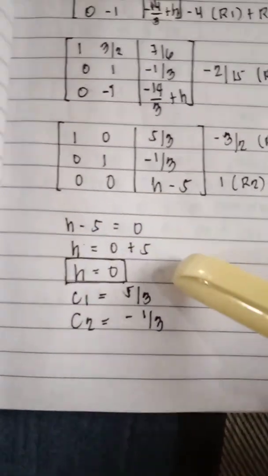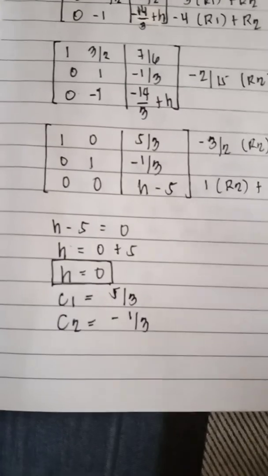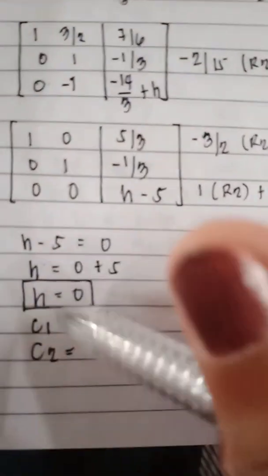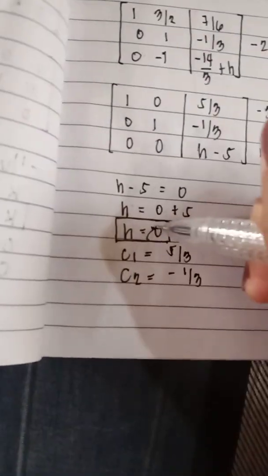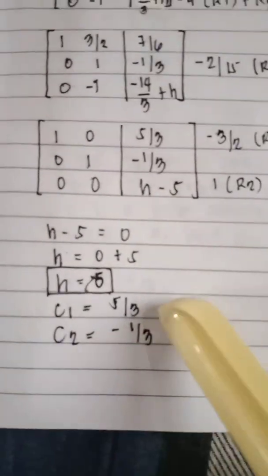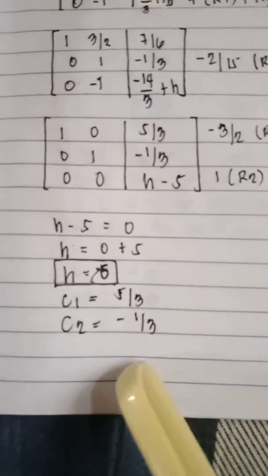So, 0 plus 5 is equal to 5. So, h is 5, our c1 is 5 over 3, and our c2 is negative 1 over 3.